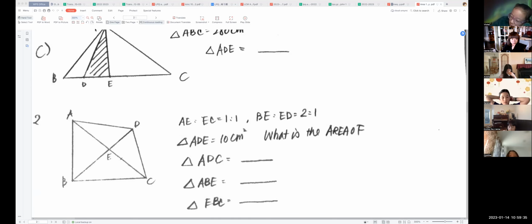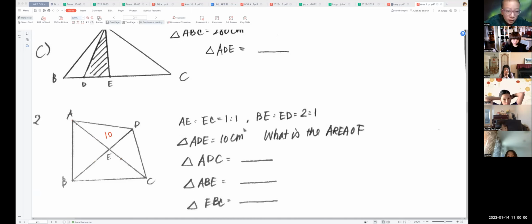So we are moving forward to the four-sided shape, the quadrilateral. AE to EC equals 1 to 1, so they're equal to each other. BE to ED equals 2 to 1. We know ADE equals 10 square centimeters. What is the area of the following one? This question is different. So this one's 10.